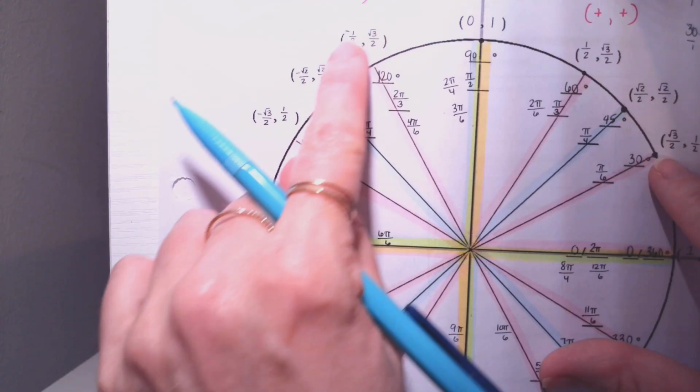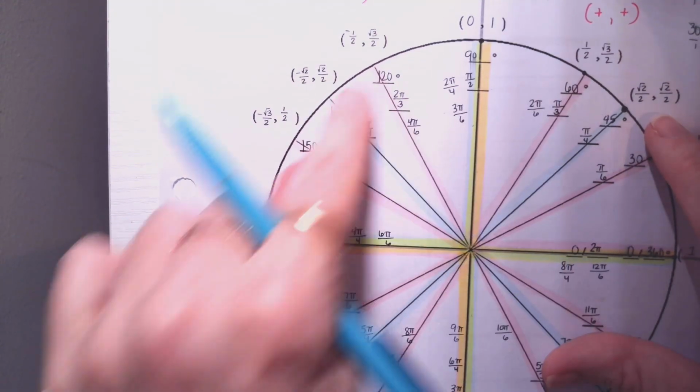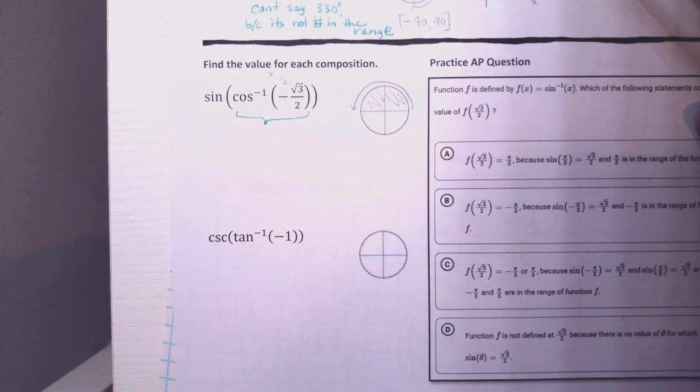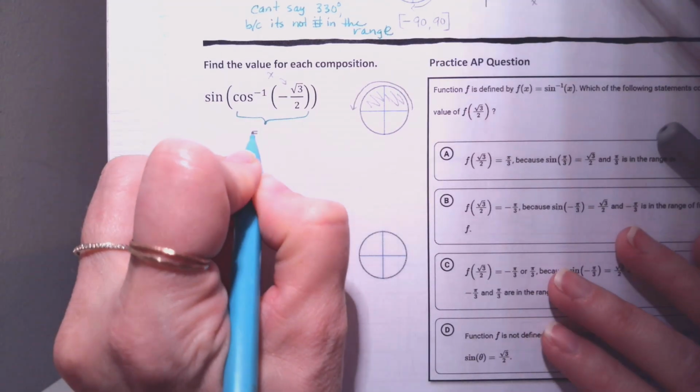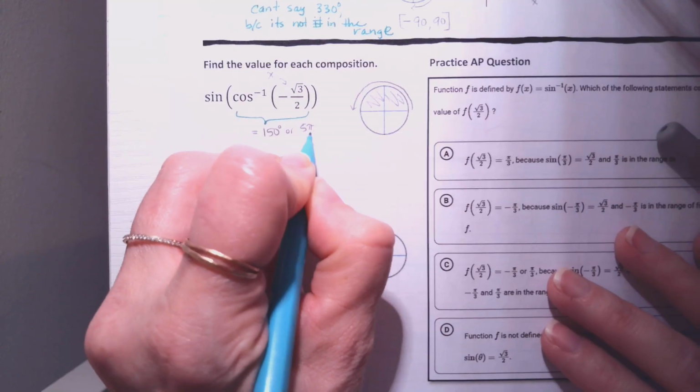None of those, because those are positive. And then looking here, there we go, right there. And 150 is in the right range. So that was at 150 or 5 pi over 6, however you want to say it.